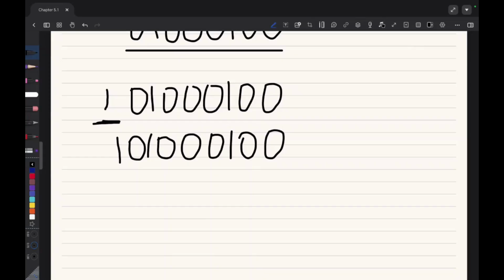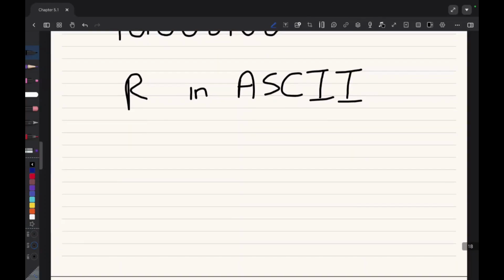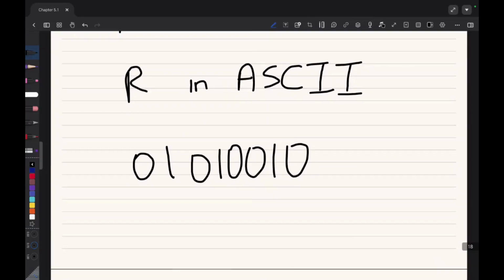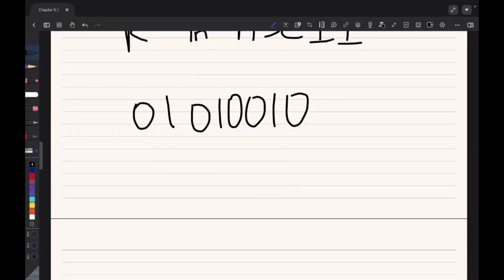Okay, now let's move to another letter. Which letter can I go to? Now the R in ASCII, I think it's 0 1 0 1 0 0 1 0. So this is going to be your R in ASCII. Then you count the number of ones.